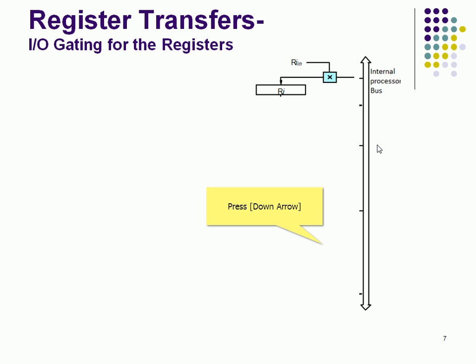So Ri in enable. Ri in enable means the data roaming in the bus will enter into the Ri. If Ri in is disabled, it means the gate is closed. Gate closed means no data is rushing from the bus to Ri, right?